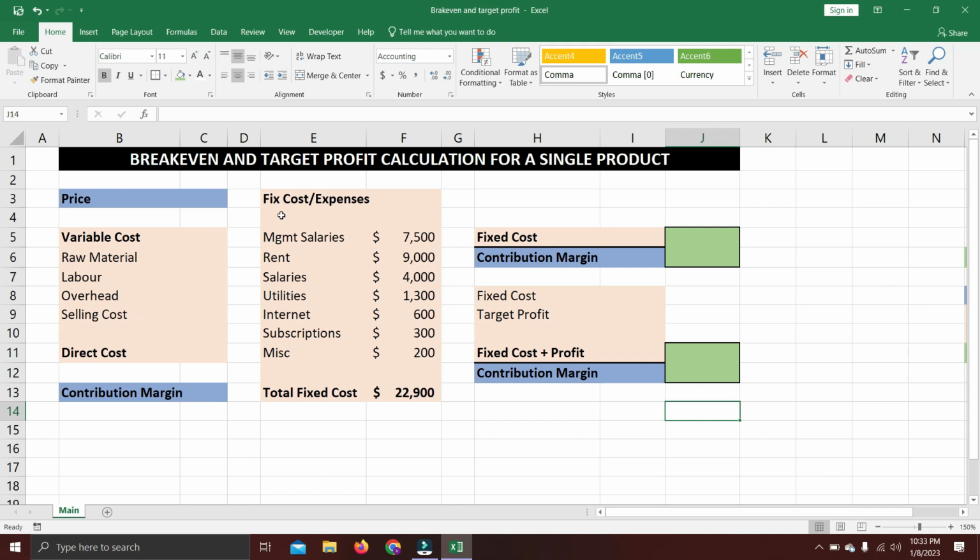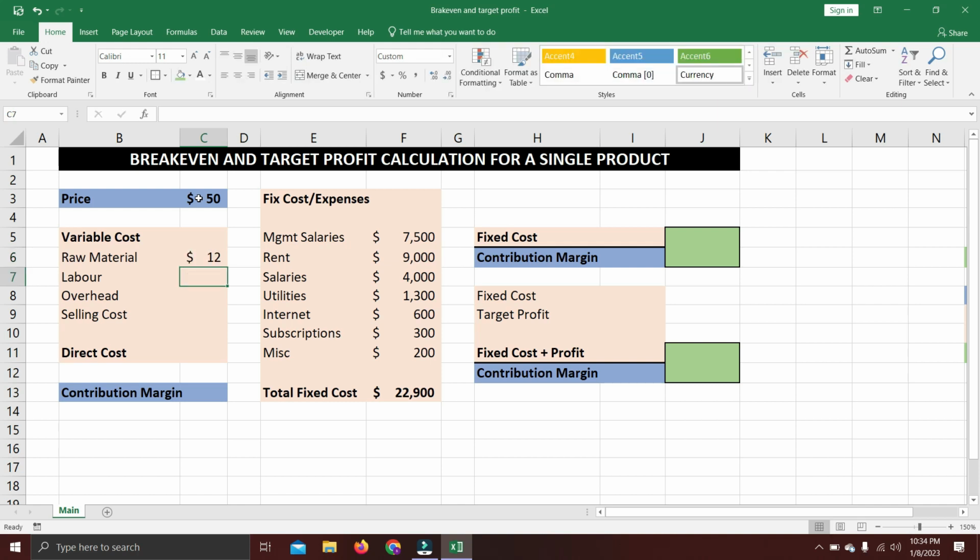So we have fixed cost here, which we will need for break-even, but in order to calculate contribution margin, we will need variable cost and the price per unit. Here I will take an example of power banks. Let's say we are producing power banks and I will sell these for $50. The raw material used for a power bank is $12.